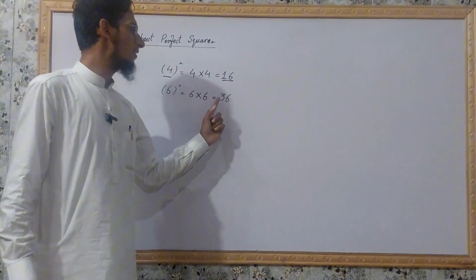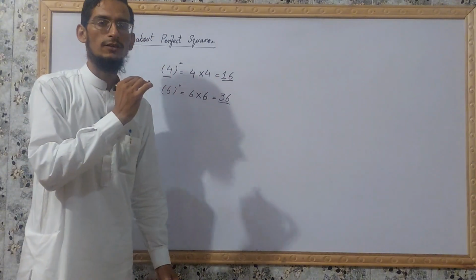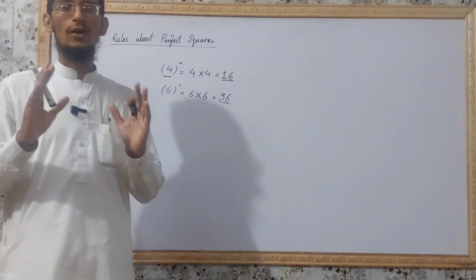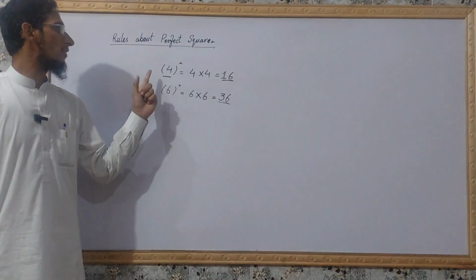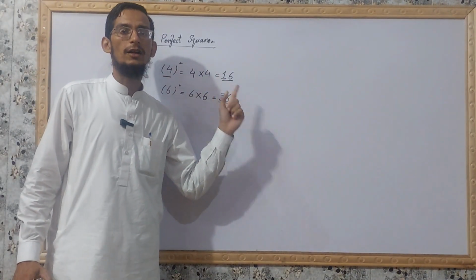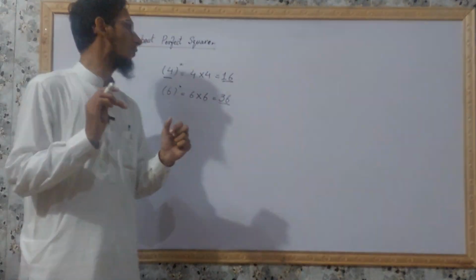Okay, 36 is an even number. So the rule 1 defines that the square of an even number is always an even number. कि एक even number का square हमेशा एक even number होगा.